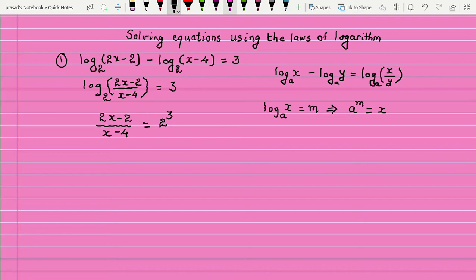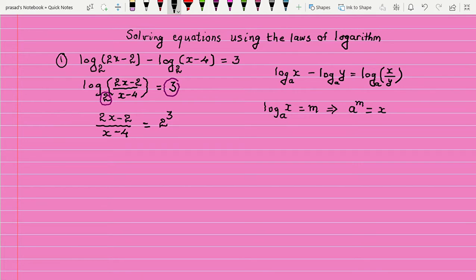So in the index form, this 2 will become the base, 3 is the index, and the value will be 2x minus 2 upon x minus 4. That means in the index form, you will get 2 to power 3 is equal to 2x minus 2 upon x minus 4.